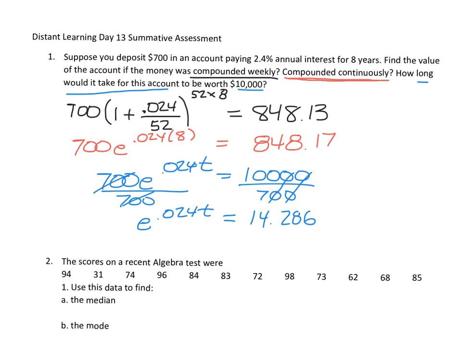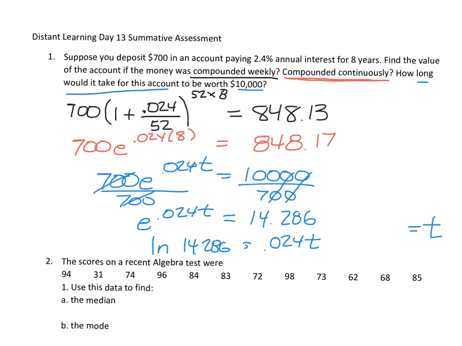Now at this point you might get stuck a little bit. Remember, when we get stuck we would always change the form. Now this is exponential form, so it would be log base e, which is ln, log base e of 14.286 would equal the power, which is 0.024t.